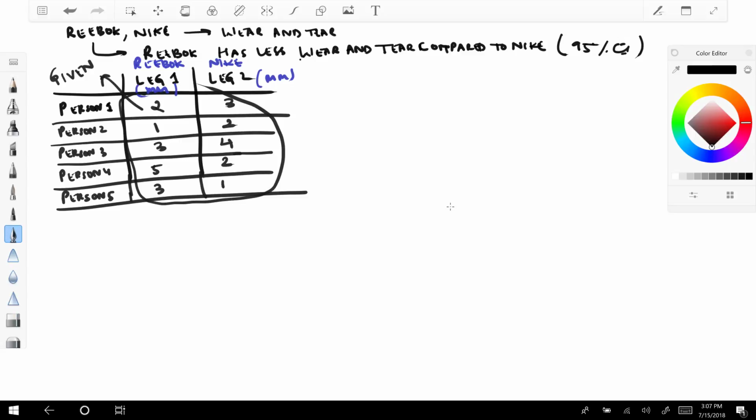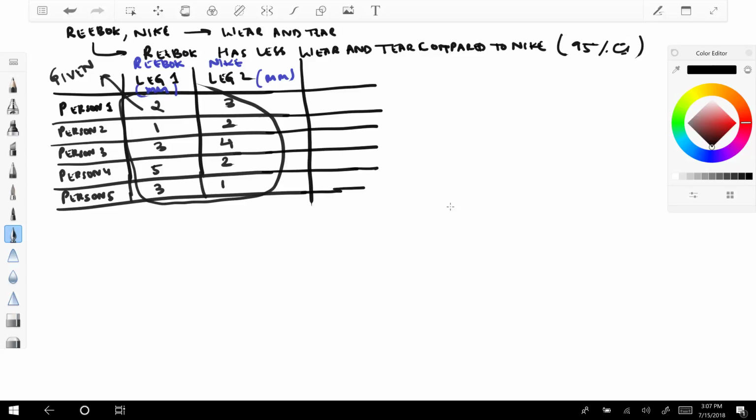So now I will calculate the difference. The difference is defined by D. It is important to do the difference, whether it's Reebok minus Nike or Nike minus Reebok.